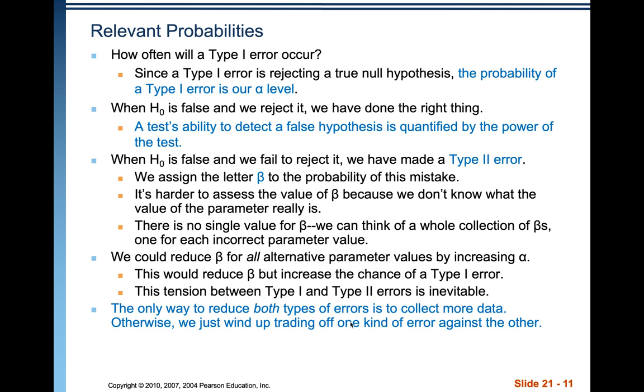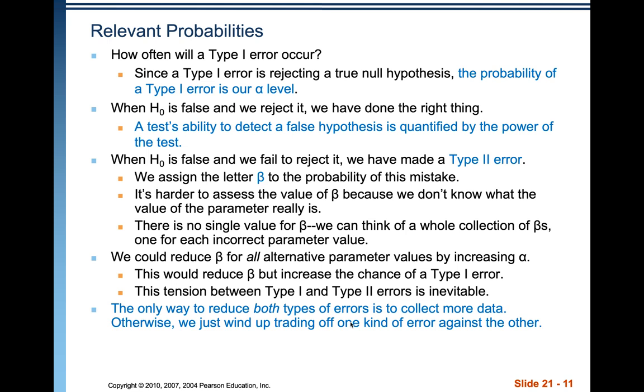That's a scenario that, as a statistician or researcher, we are rooting for. We are hoping we have data that will let us reject the null hypothesis and that it is actually a false hypothesis. When the null is false and we fail to reject it, we have made a type 2 error.